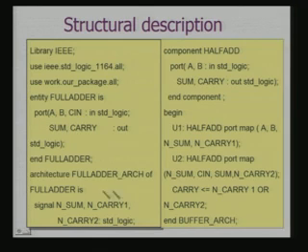If you look at it, here I am describing the entity full adder, and then I am describing the architecture which has got the signals, okay, and the component is half adder with its ports, which are A, B as input, sum, carry as output.